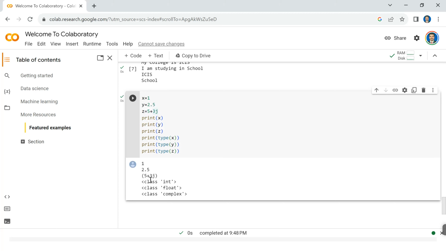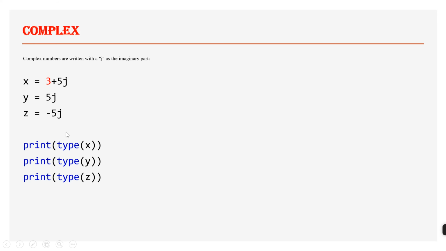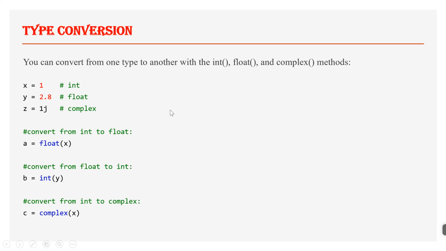See, 5 plus 3j, complex. What is 5 here? The real part of it. Anything which is prior to j is considered to be the real part of the complex number. So in 3 plus 5j, 3 is the real part and 5 is the imaginary part of the complex number.